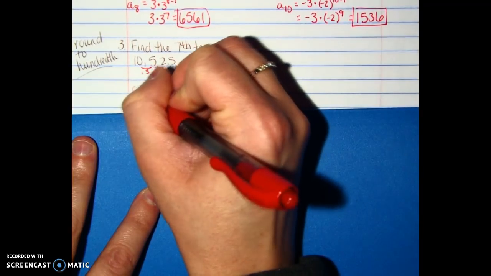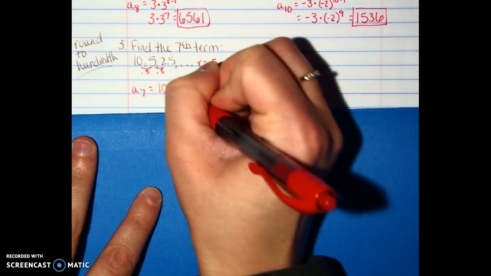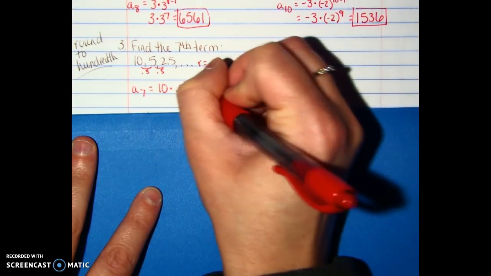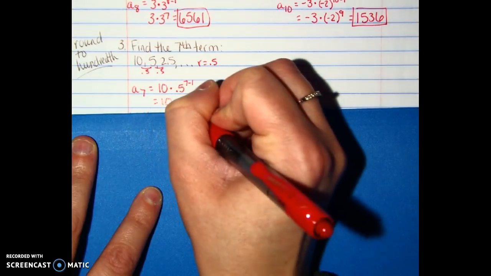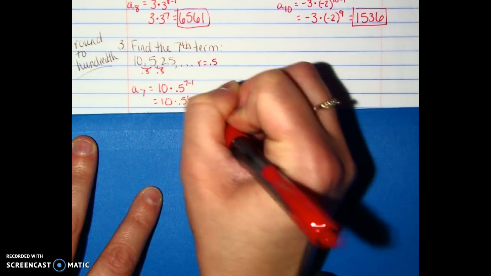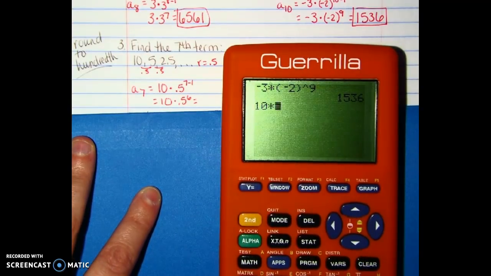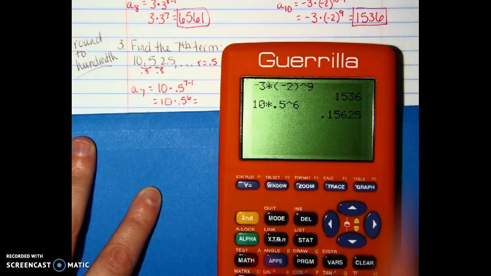So my formula will be a sub 7 equals 10 times 0.5 to the 7 minus 1. So this is 10 times 0.5 to the 6th. And I'm going to round that to the 100th, so that would be 0.16.